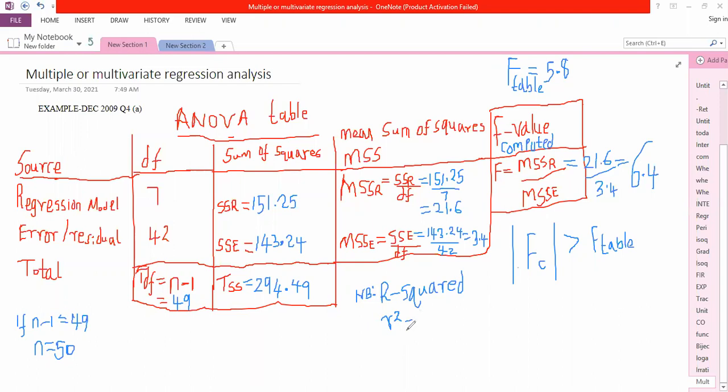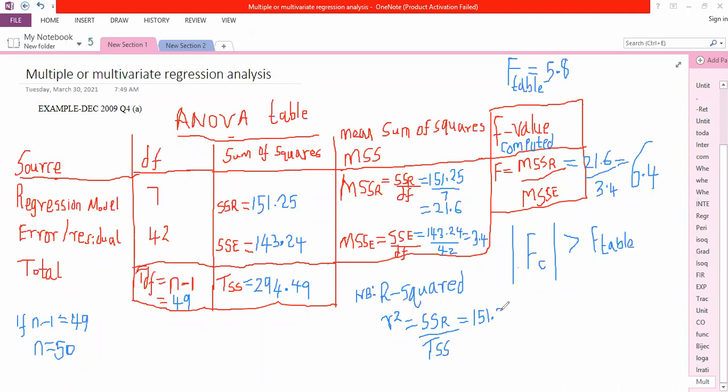The coefficient of determination, or R squared, is given by the sum of squares due to the regression divided by the total sum of squares.